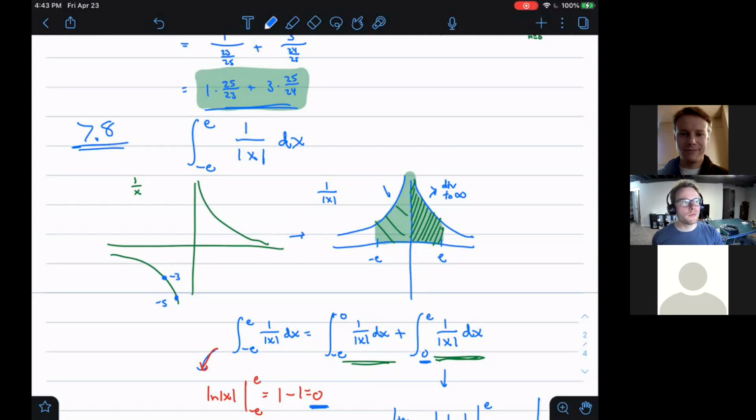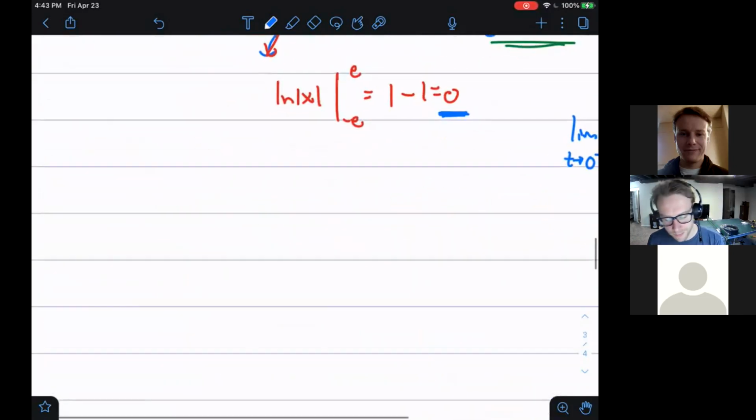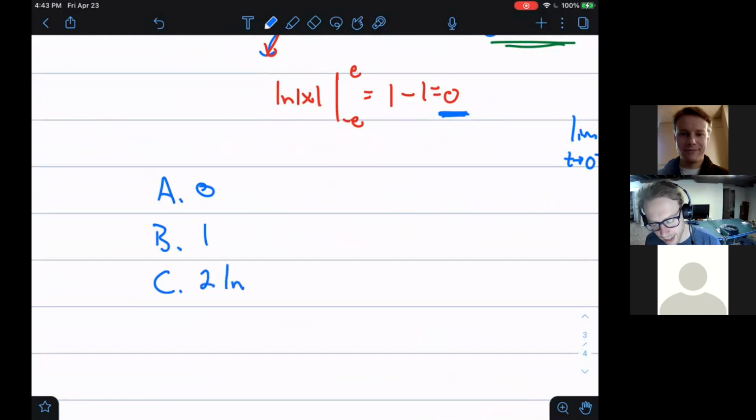Yeah, the overarching one would be that it diverges. Anytime your limit of something doesn't go to a finite value, you would say that it diverges. Now, I've seen some problems that go on to specify the way in which it diverges. So it may say, for instance, I could imagine that A equals 0, B equals 1, C equals, let's say, the natural log of 2 or something like that.